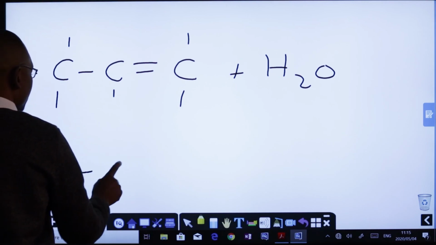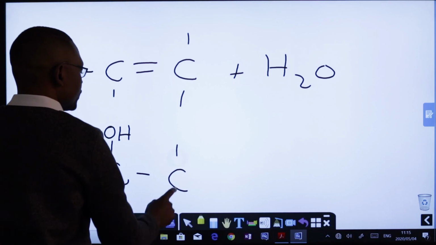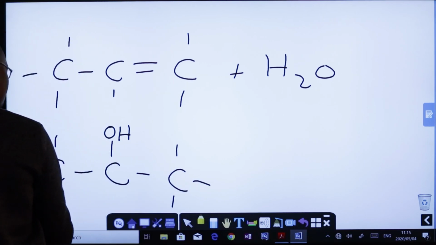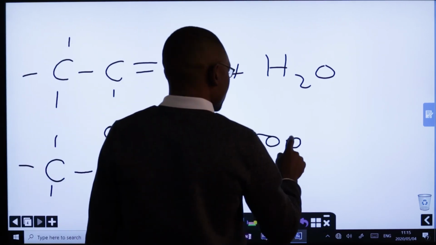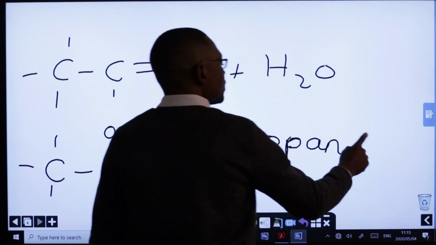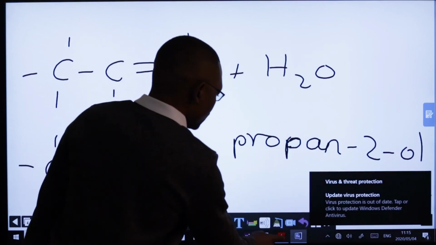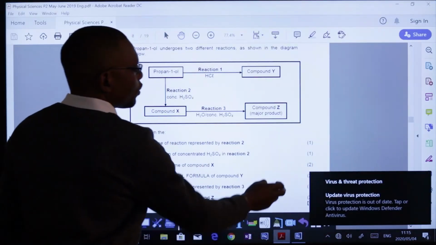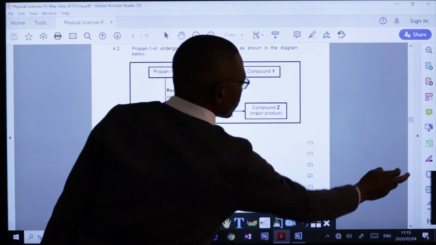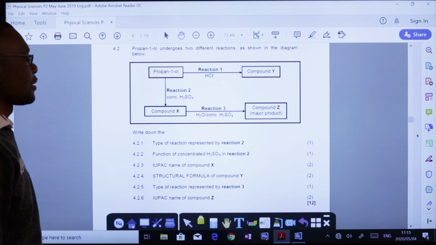So we are going to have it like this. So we call this propan-2-ol. So for 2 marks, you give it a technical name like that.